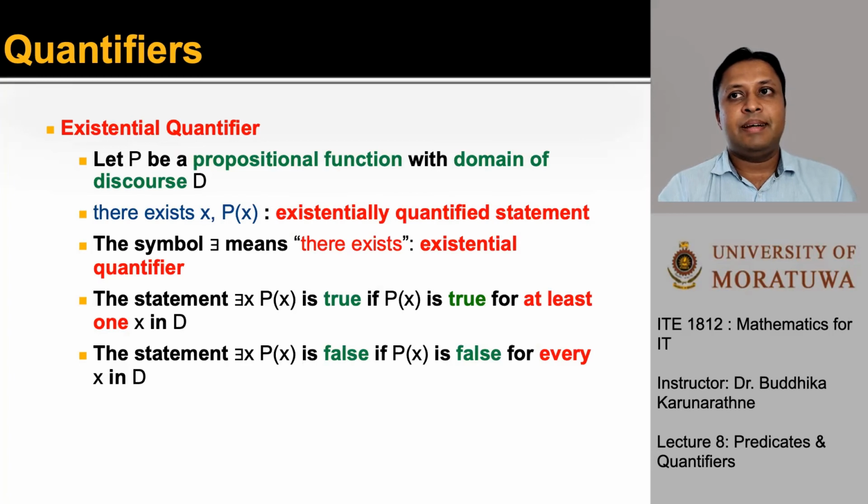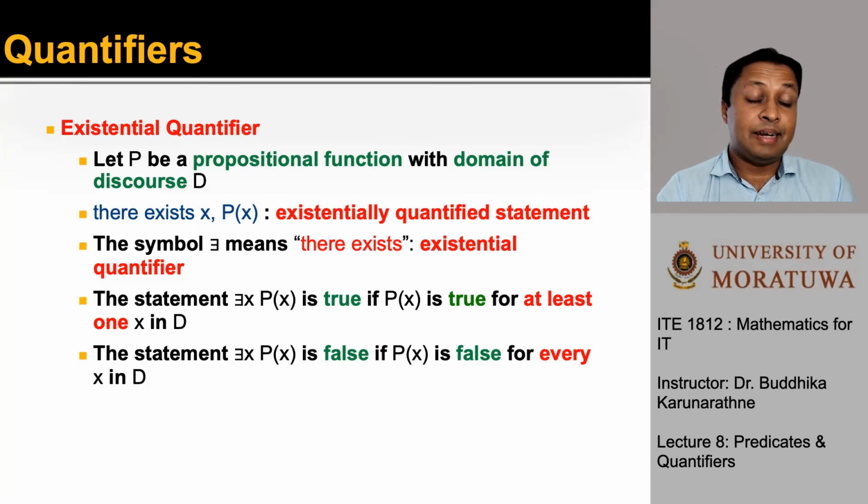The statement there exists x, Px is true if Px is true for at least one x value in D. The statement there exists x, Px will become false if Px is false for every x in D. It has to be false for every x in the domain of discourse for the statement to be false.